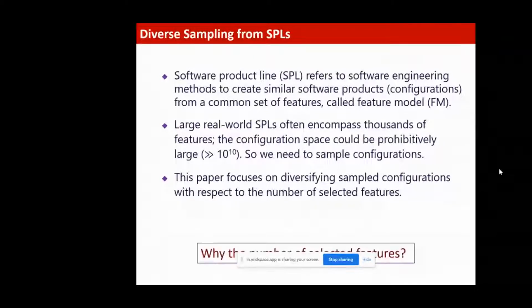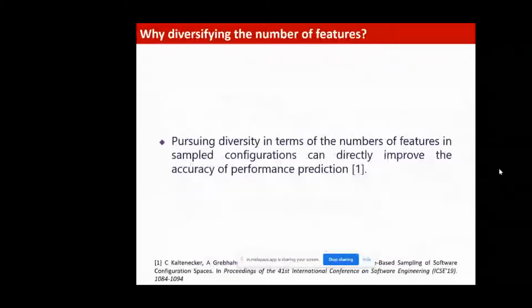So one question is, why the number of selected features? Why does this specific thing matter? The reason is that we find that diversity in terms of the number of features in sampled configurations can directly improve the accuracy of performance prediction.